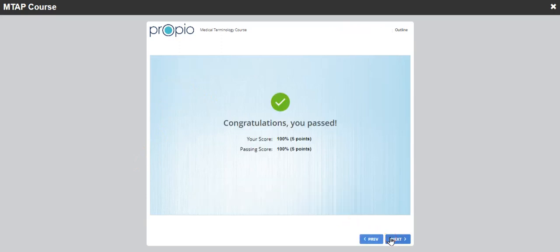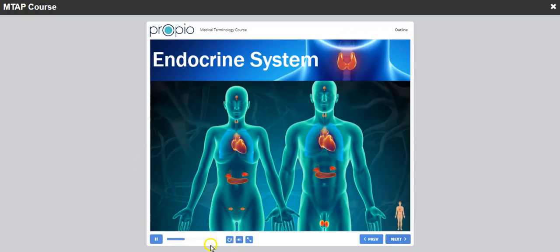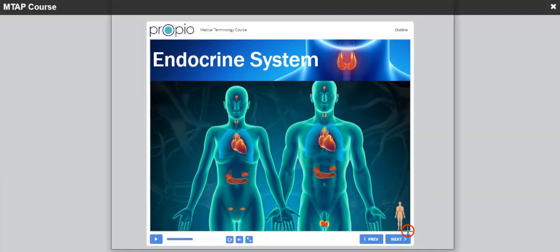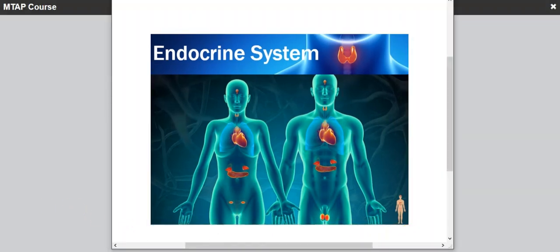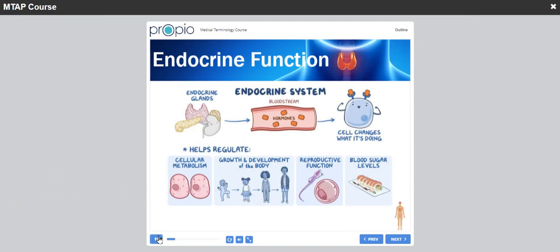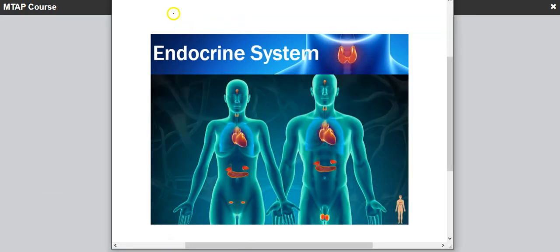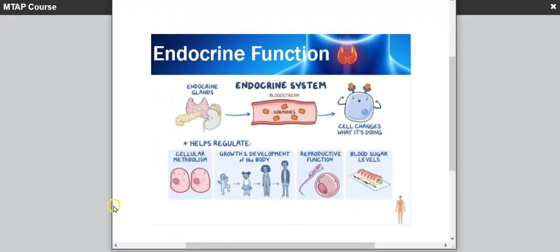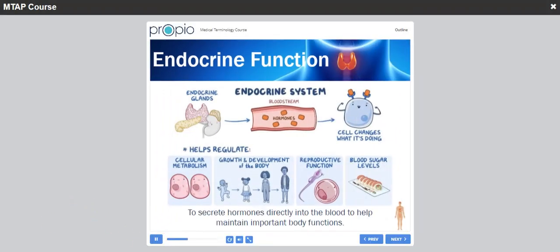Endocrine system. The function of the endocrine system is to secrete hormones directly into the blood to help maintain important body functions.